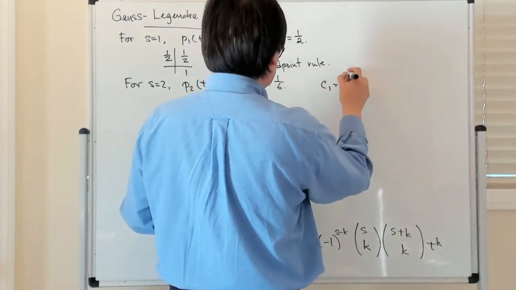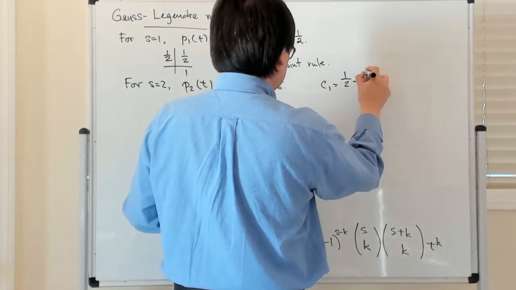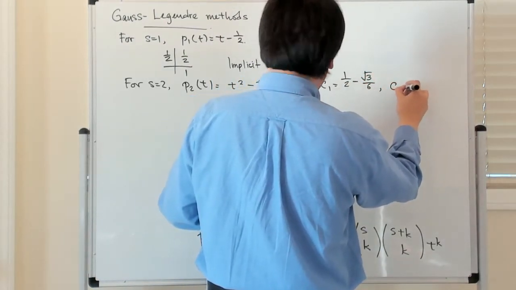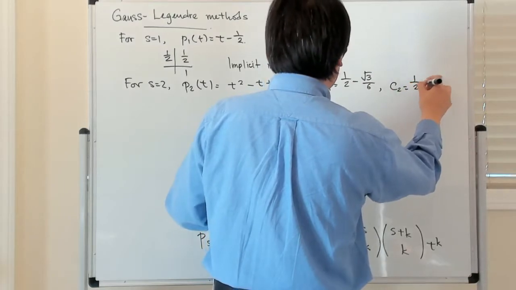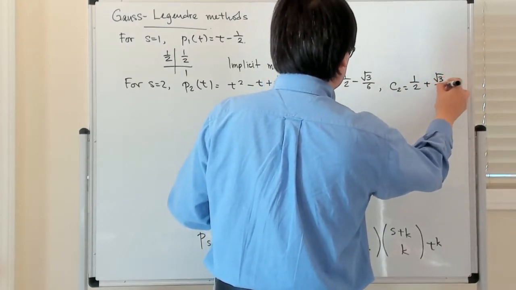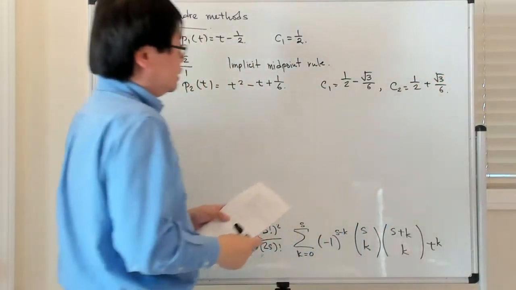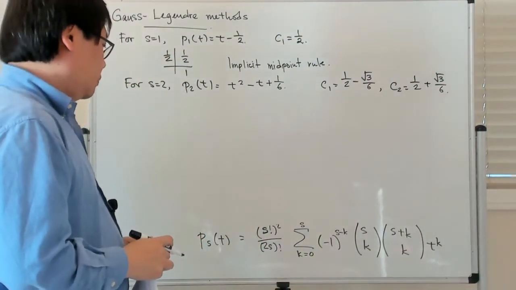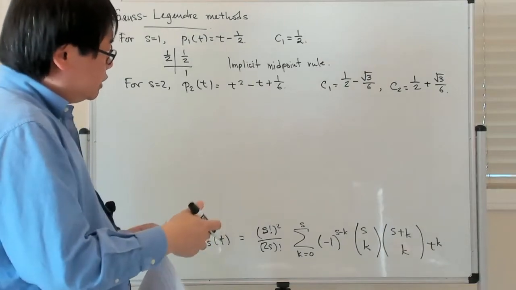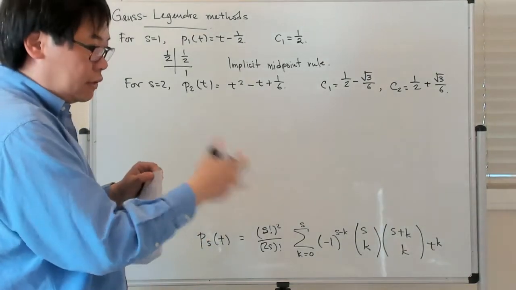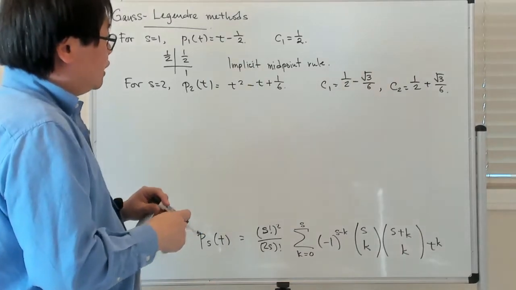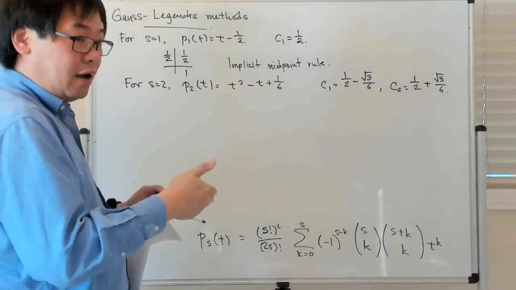One of the roots is 1/2 minus root 3 over 6, and then another root is 1/2 plus square root of 3 over 6. So you can check one property of the roots of these orthogonal polynomials for weight function 1 over the interval from 0 to 1: they're symmetric about 1/2.